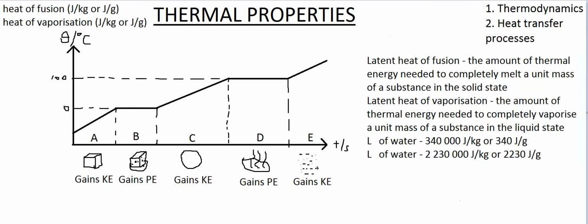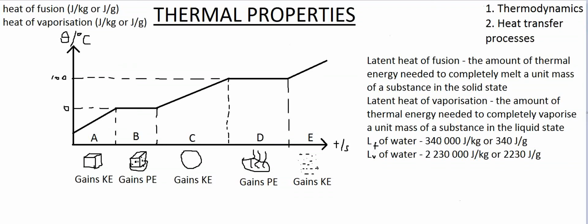So what this means is that, say you have 1 gram of ice and you want to melt it completely, then you need 340 joules of thermal energy to melt this ice.